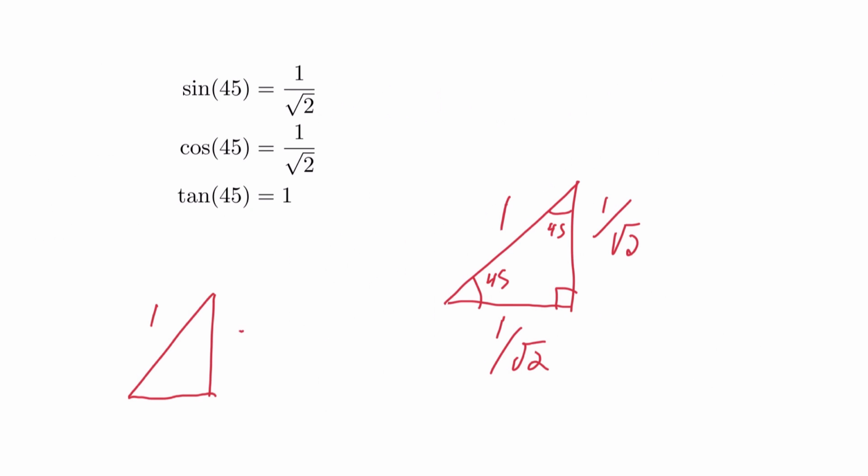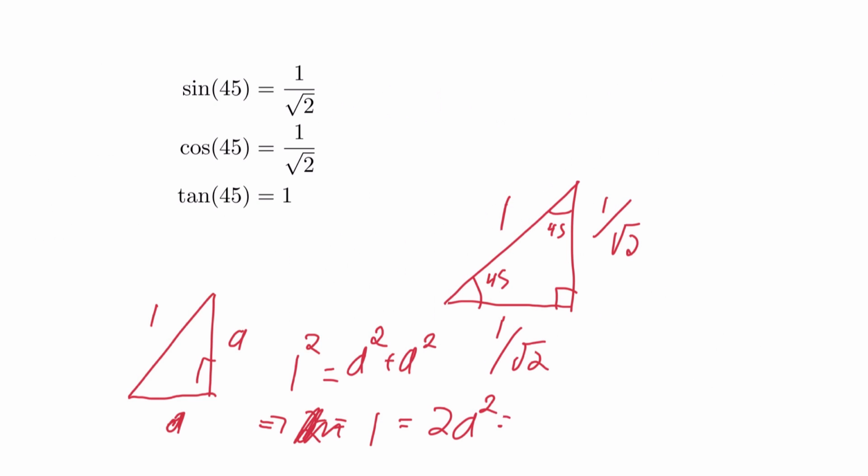If I call them both a, they have to be equal. From the Pythagorean theorem, 1 squared equals a squared plus a squared. So 1 equals 2 times a squared. So 1/2 is equal to a squared. So a is equal to 1 over square root 2.